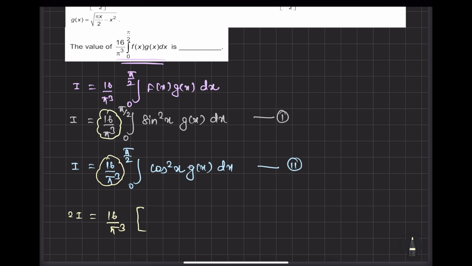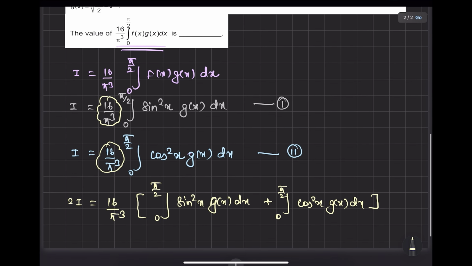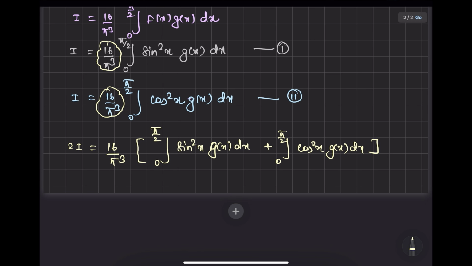Then inside the bracket you will have the integration from 0 to pi by 2 of sine square x g of x dx plus the integration from 0 to pi by 2 of cos square x g of x dx. This thing I did. Now so this is 2I equals 16 by pi cube.